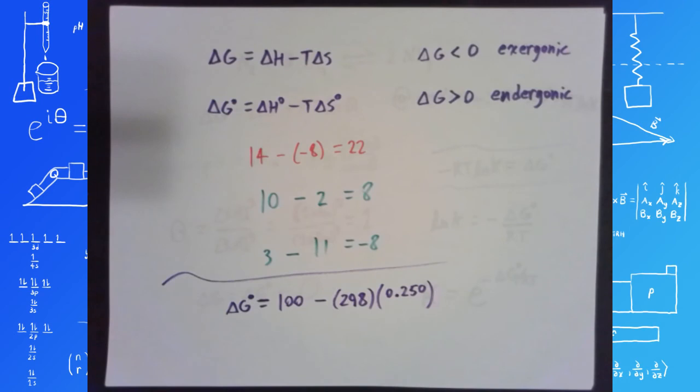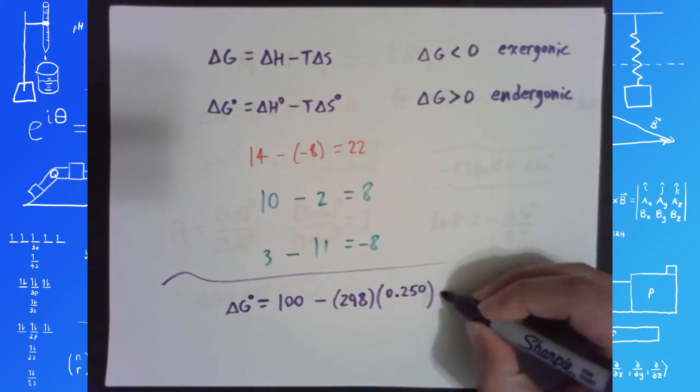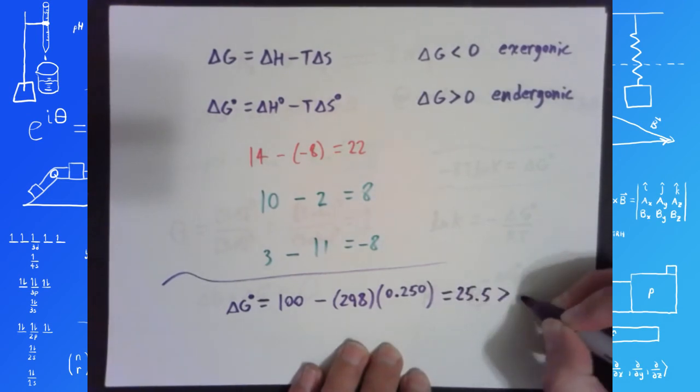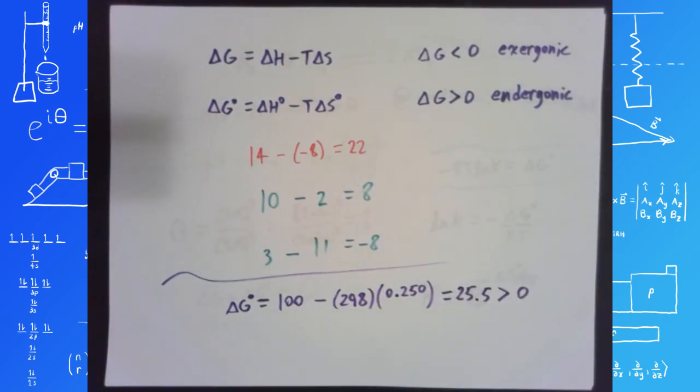And let's see what that's going to be. 100 minus 298 times 0.250 is positive 25.5. Since it's positive, that means it's going to be non-spontaneous at room temperature.